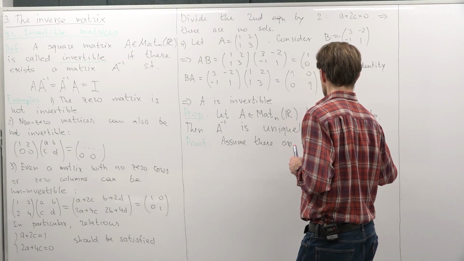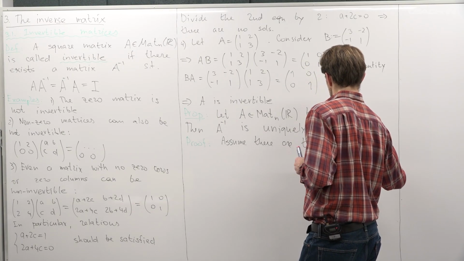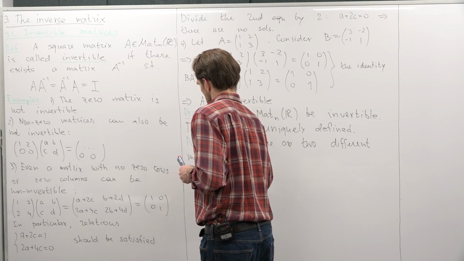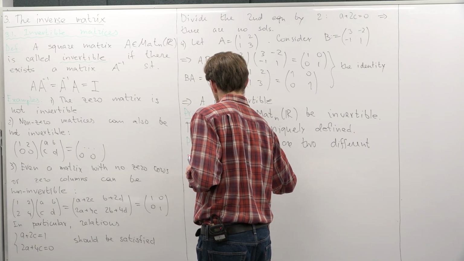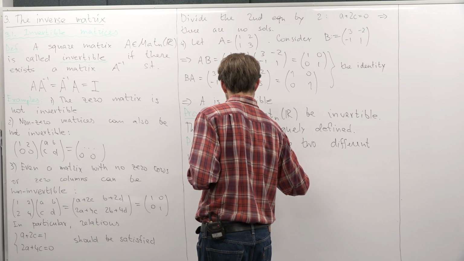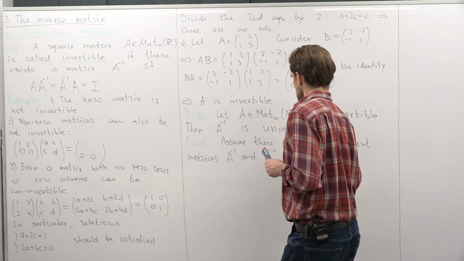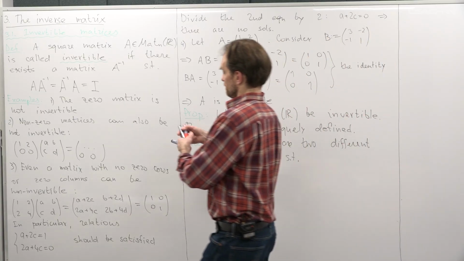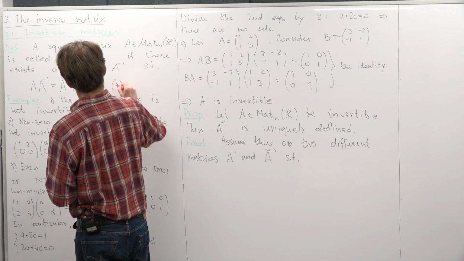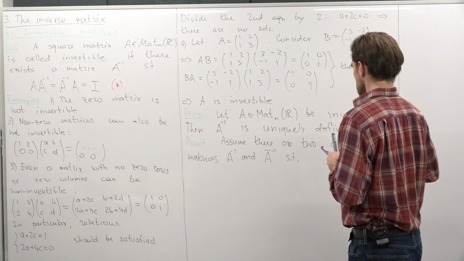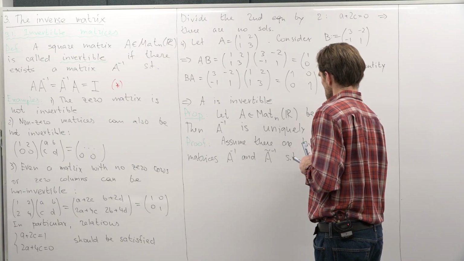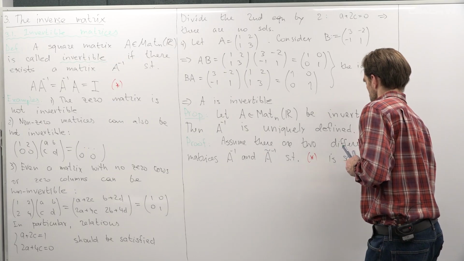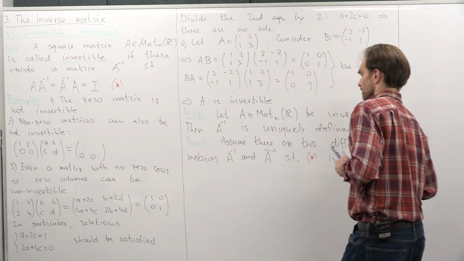Assume there are two different matrices A to the minus 1 and A tilde to the minus 1 such that I'll denote this by a star, such that this relation is satisfied for both of them.